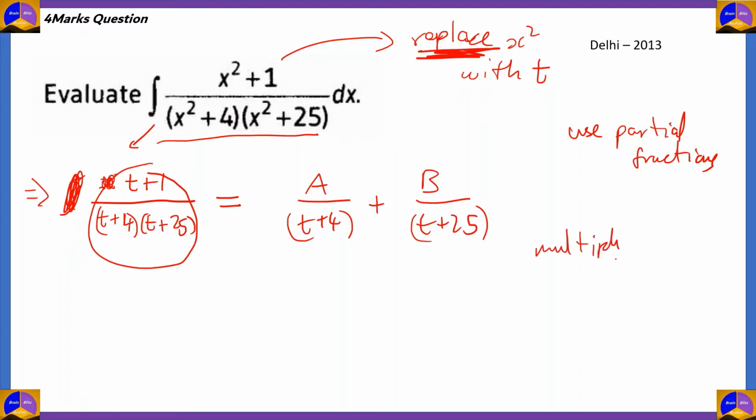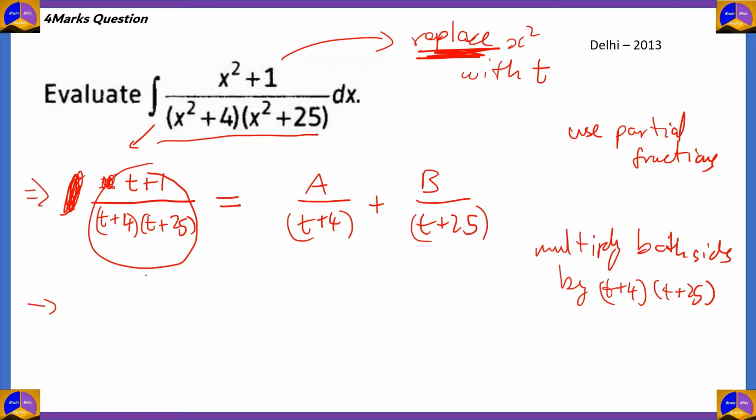Multiply both sides by the denominator of the left-hand side, which in this case is (t plus 4) times (t plus 25). You don't need to multiply any of these, just multiply the denominator to both sides of this equation.